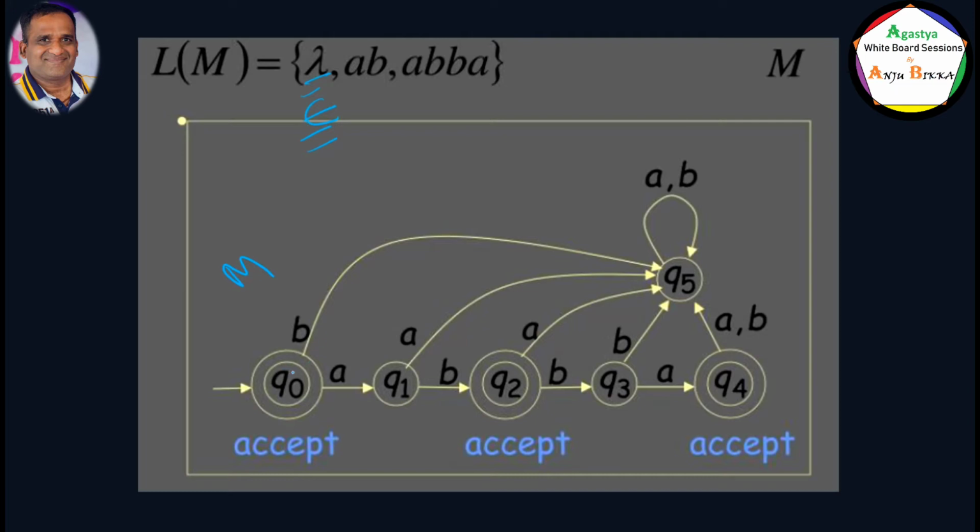This machine accepts epsilon, AB, and BA. So this is the L of M, and it is a regular language. So whenever we have a machine M, we have a corresponding L of M, which is a regular language consisting of all the strings accepted by machine M.